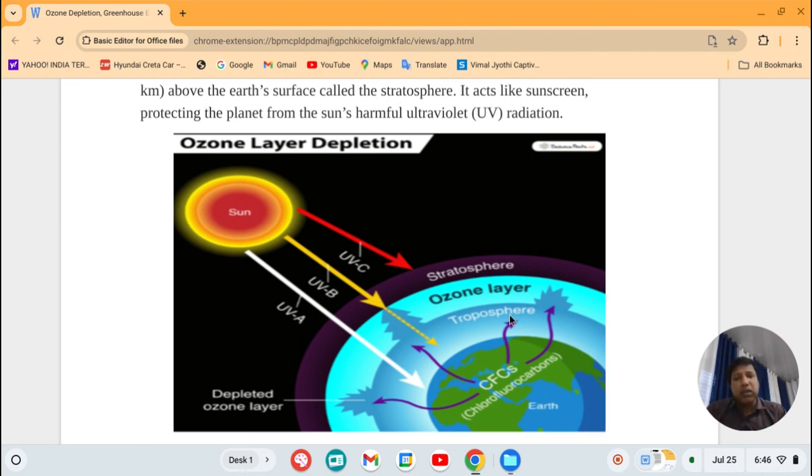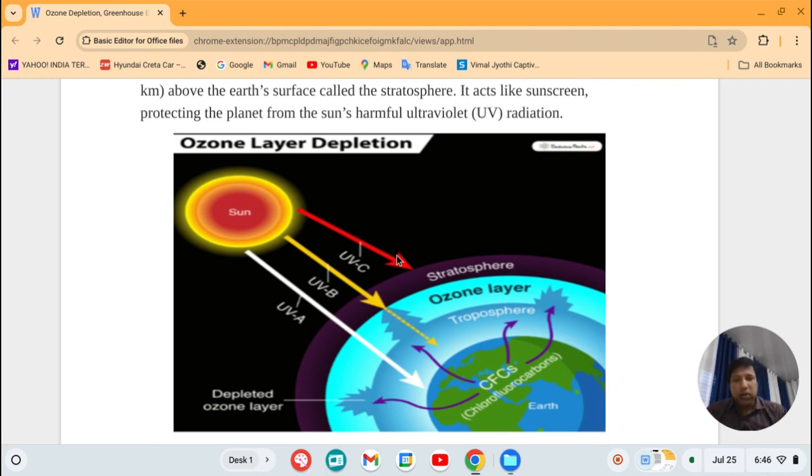So we have different classifications of UV rays: UVA, UVB, and UVC. At the top of the stratosphere we have oxygen, and when this oxygen absorbs the heat from the UV rays, ozone will be formed.